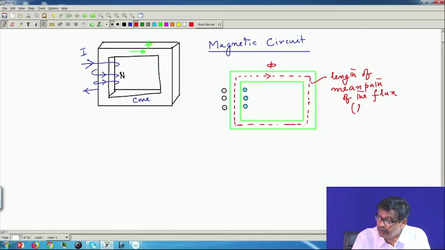That length let me call L. If the number of turns is n, then Ampere's circuital law says that the integral of H dot dl over a closed path is equal to the current enclosed.